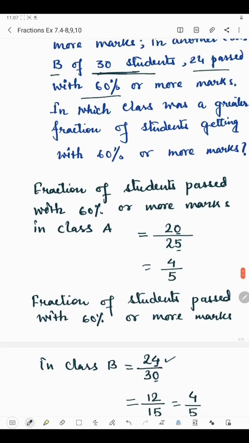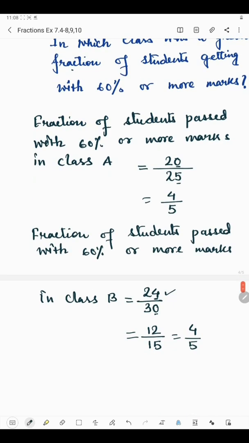Now we will have to find in which class was a greater fraction of students. So here we can see that in class A we have got 4 by 5, and in class B also we have got the same fraction of students passed with 60% or more marks.